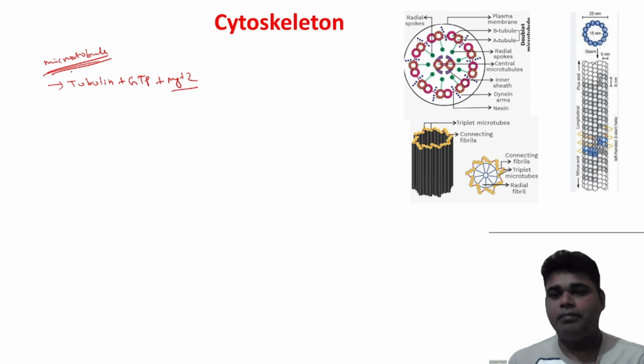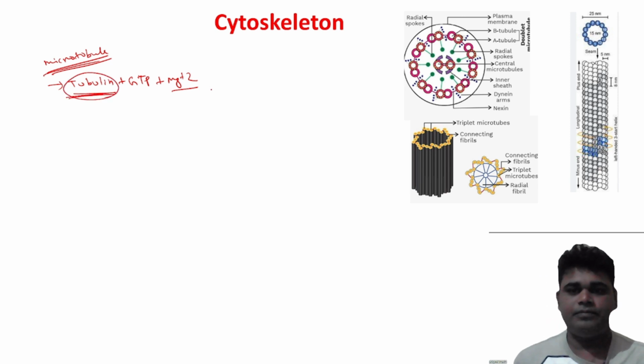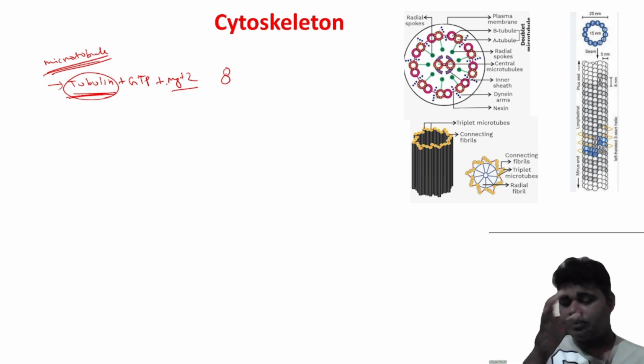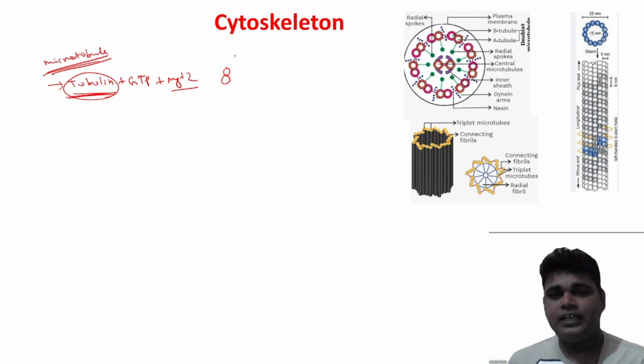So the main component of the microtubule is tubulin. Please think of the tubulin structure like this. The tubulin structure is a dimer structure. So what is a dimer? That means it has two components, one component and this is the other component. So this is the dimer.